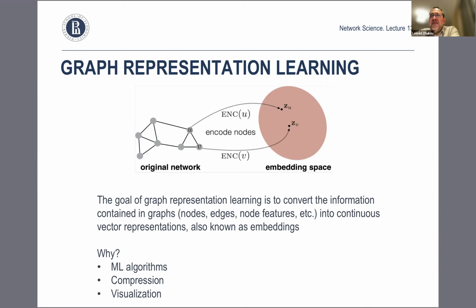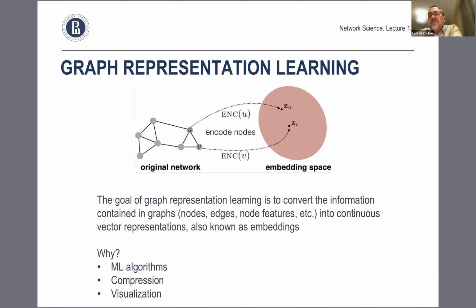Reason number two is, graphs are very large, and you might want to find a way to compress them without loss of information, or with some sort of controlled loss of information, if that's possible whatsoever. And finally, you might want to visualize graphs. Now, it is actually very hard to visualize very large graphs so that you can understand the picture.